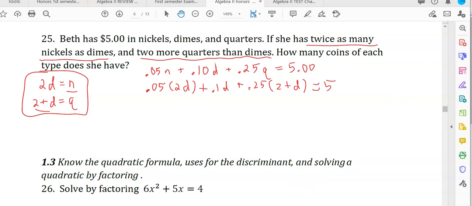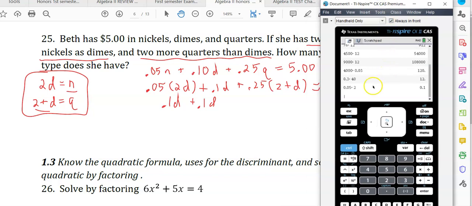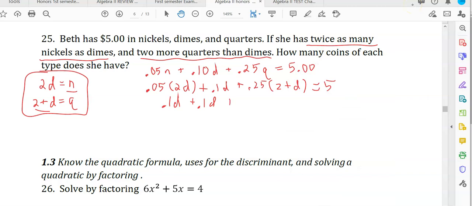If you're struggling with that, you can always bring out the calculator. So 0.05 times 2 is 0.1. So we have 0.1D plus 0.1D. 0.25 times 2 is 0.5, so plus 0.5 plus 0.25D equals 5.